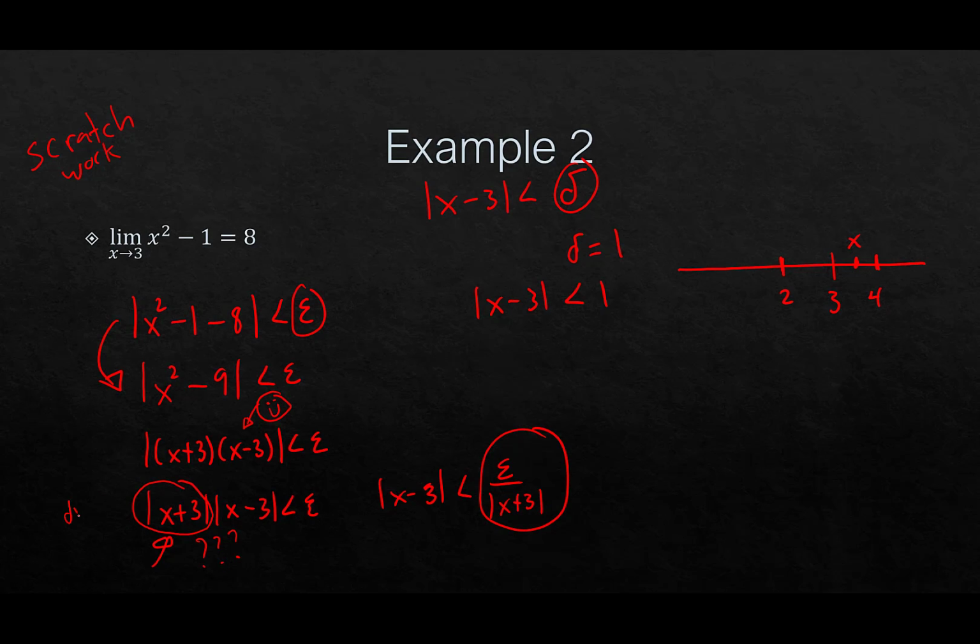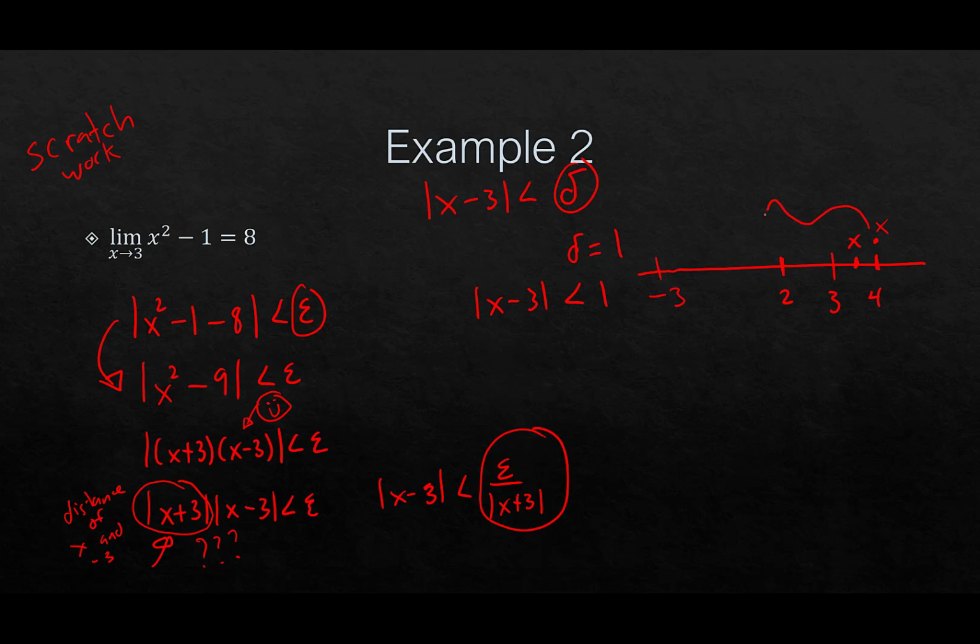So this here is the distance of x and minus 3. Okay, so let's draw in minus 3. So minus 3 is going to be, let's say, over here. Okay, and so worst case scenario, in terms of the distance between x and minus 3 here, x is all the way over here.